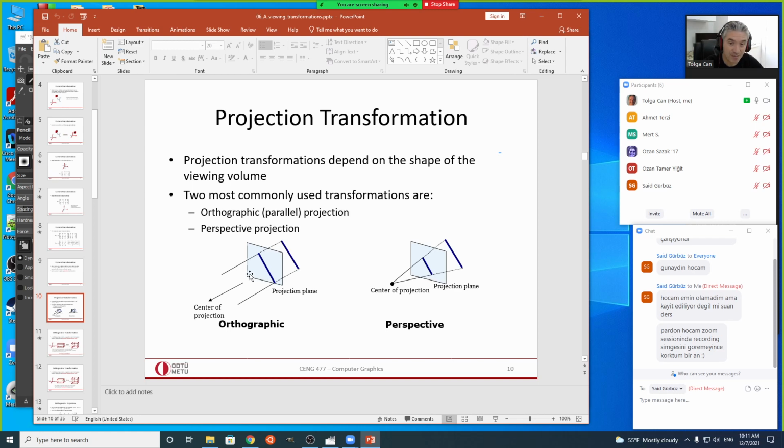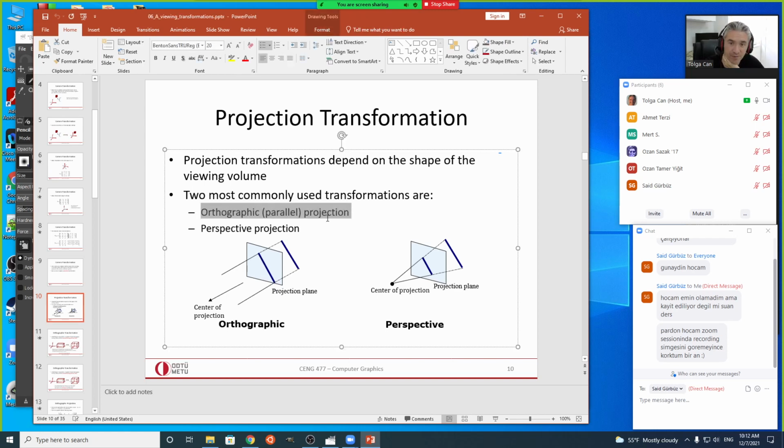When the rays are parallel to each other, this is called orthographic projection. In orthographic projection, objects that are far away do not appear smaller. Whatever their size in the real world, they are projected to exactly the same size on the image window.